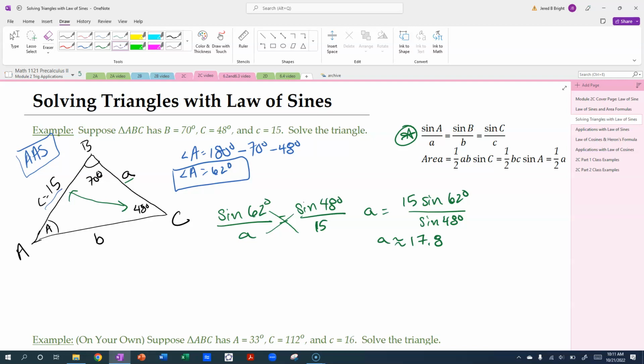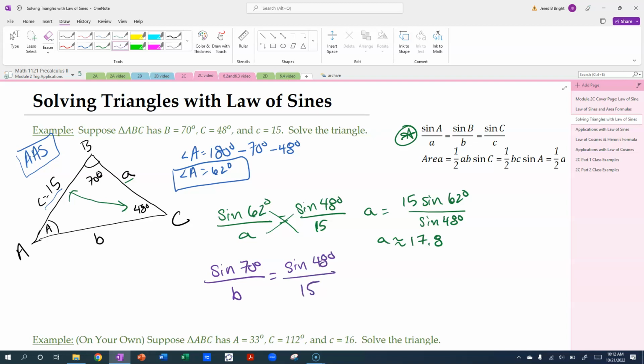We know side length A now, we have to find side length B. And this one is again using the law of sines. So sine of 70 degrees would correspond to side length B, and then I could use either sine of C over side length C or sine of A over side length A. I prefer to use the one that's given to us all the time, just in case we maybe made a mistake with side length A. This would help us be more accurate.